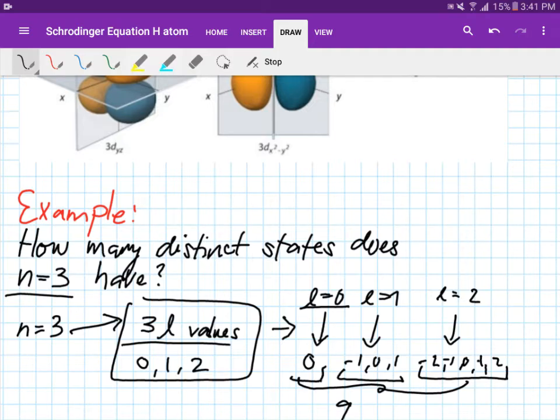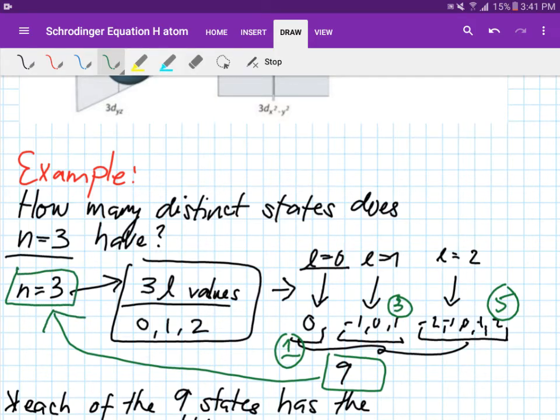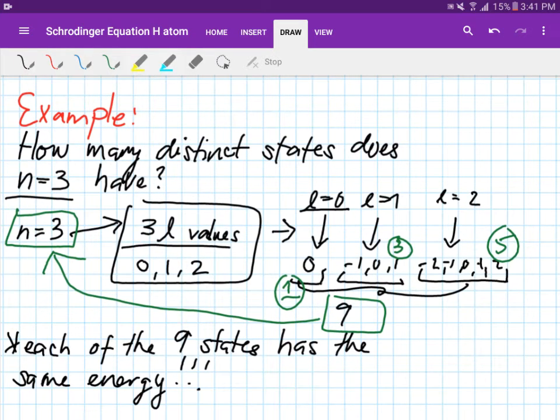This is only 0. For l equals 1, 2 times 1 plus 1, we have 3 values for ml. And for l equals 2, we would have 5 values. So adding them all up, we have a total of 9 distinct states associated with n equals 3. So each of the 9 states must have the same energy.